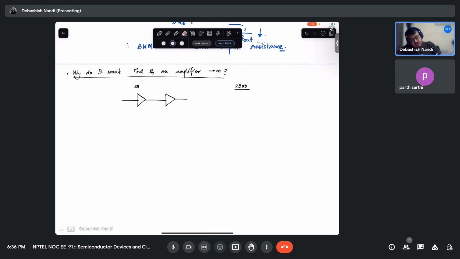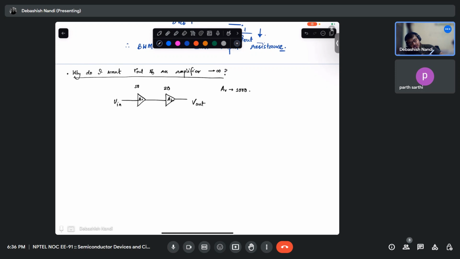Or let's say you want a gain of 1000. This is your V in, this is your V out. This is amplifier A1, this is A2. You want an amplifier of high gain. What will you do? You will just put another amplifier of 20 in front of it.